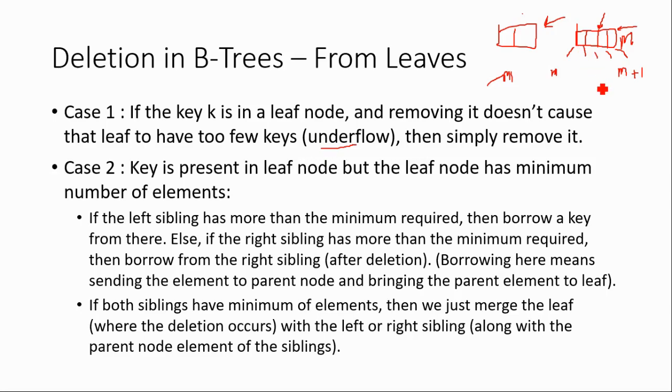Now somehow if you are deleting from a leaf or an internal node, for example from a leaf, and the leaf becomes empty, then it will be sensible to remove that node. For example, the parent node had 4 elements and there were 5 links to subtrees.